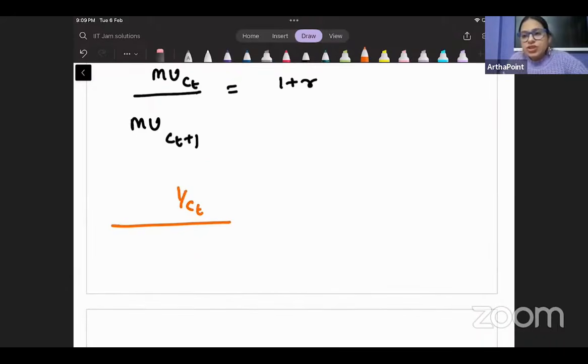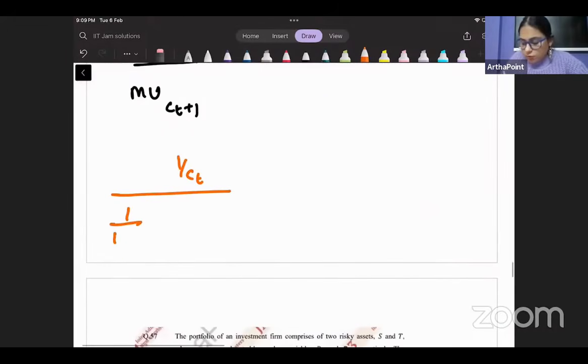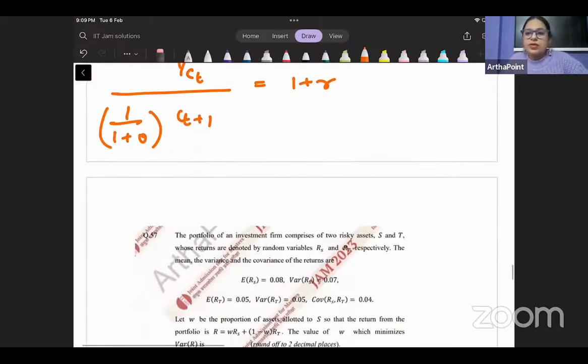When I will differentiate this with respect to CT plus 1, तो क्या आ जाएगा बेटा? 1 upon 1 plus theta CT plus 1 equal to 1 plus R.